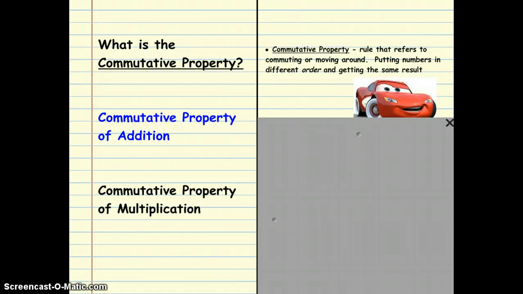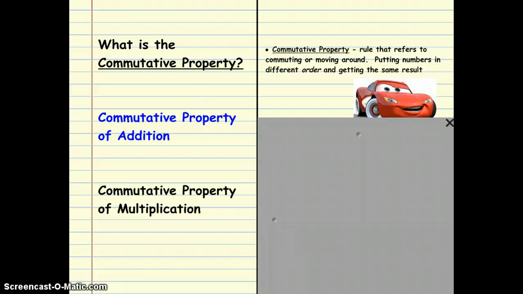Next one, the commutative property. And the commutative property refers to commuting or moving around. You're going to put things in a different order and get the same result. And I put a car here from cars because I always think about commutative as either I go from home to school, or I go from school to home.